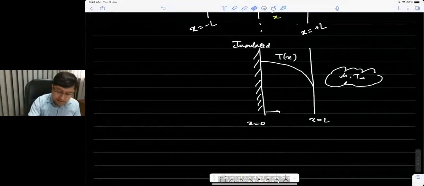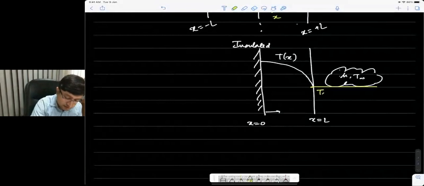Now, how do we determine Ts? For this we can use the boundary condition in terms of the flux leaving the slab.